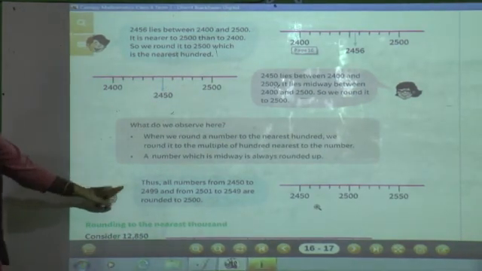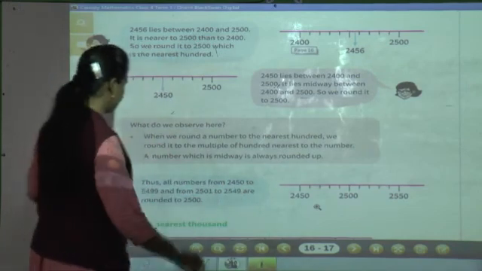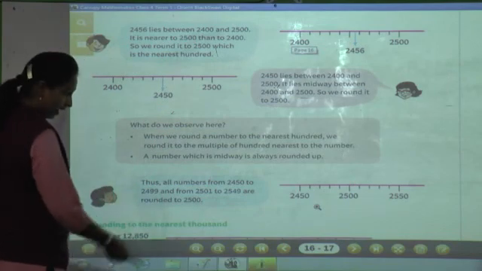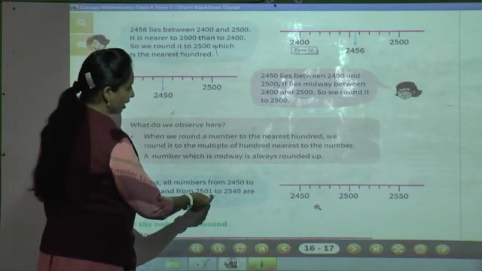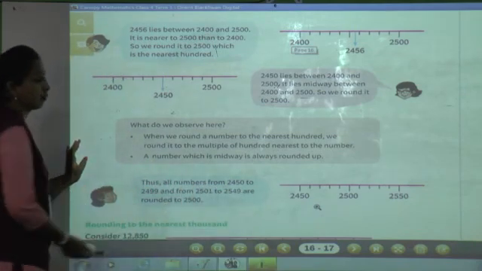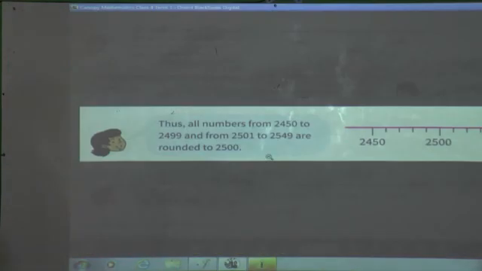Thus all numbers from 2450 to 2499 and from 2501 to 2549 are rounded to 2500. This is very important.